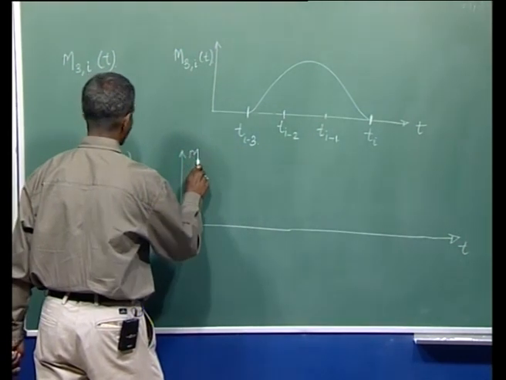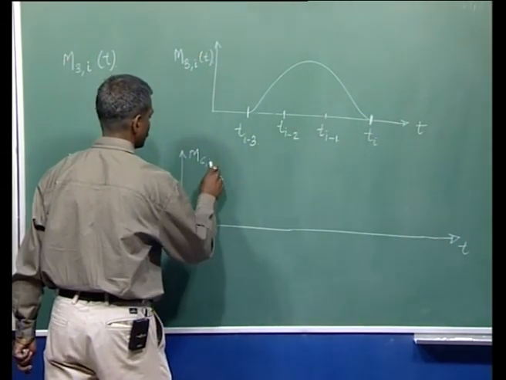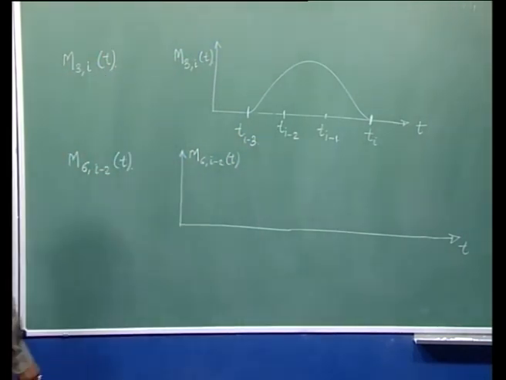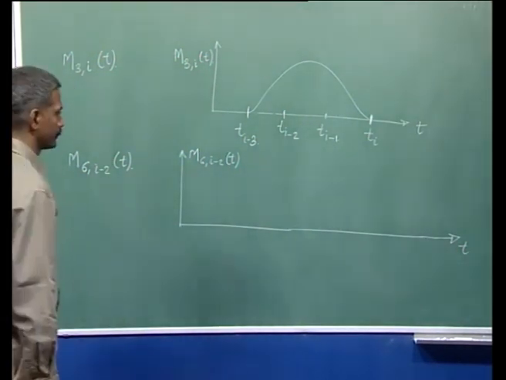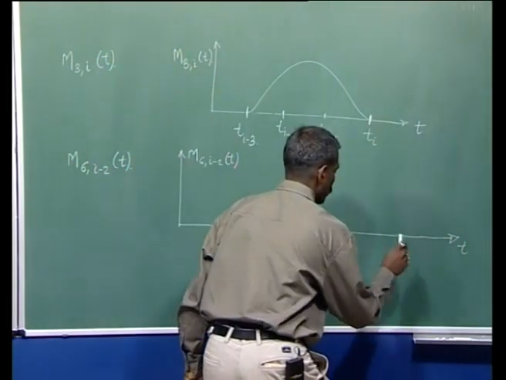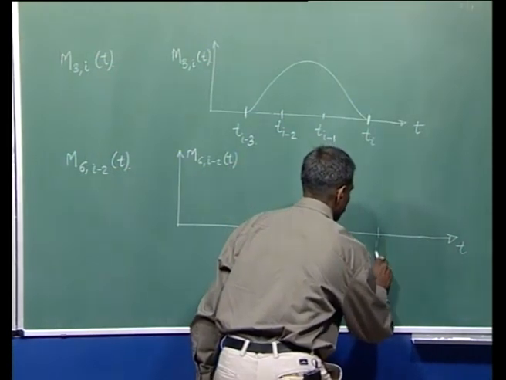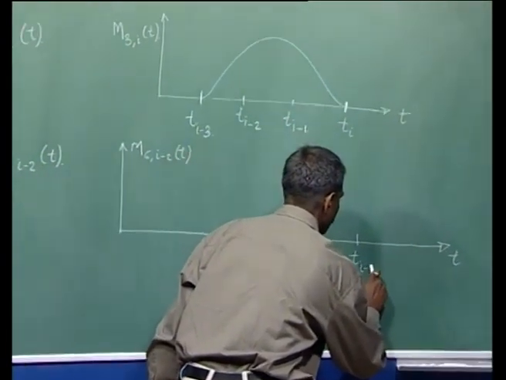This is M_6,(i-2)(t). Can you help me out? What is step 1? Step 1 is to plot again the last knot. This would correspond to t_(i-2).